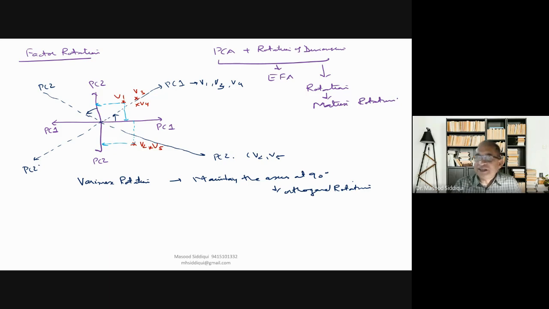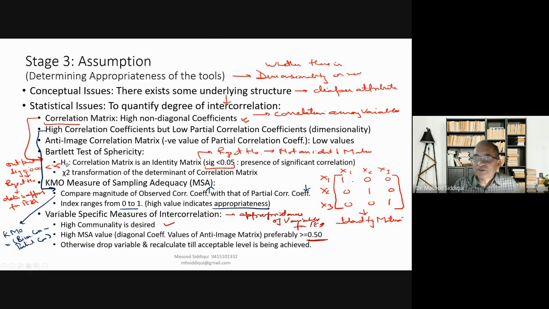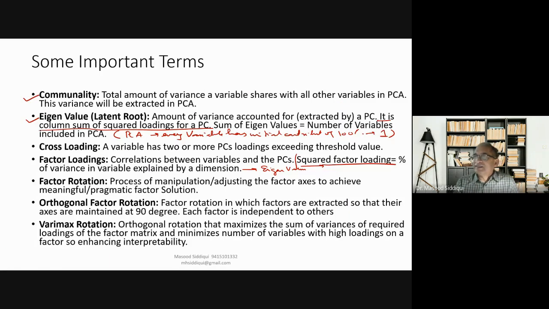Okay, let me introduce the formal definition also. This is the factor rotation: the process of manipulating or adjusting the factor axes to achieve a meaningful or pragmatic factor solution. And this is beyond principal component. Orthogonal factor rotation: a factor rotation in which factors are extracted so their axes are maintained at 90 degrees.